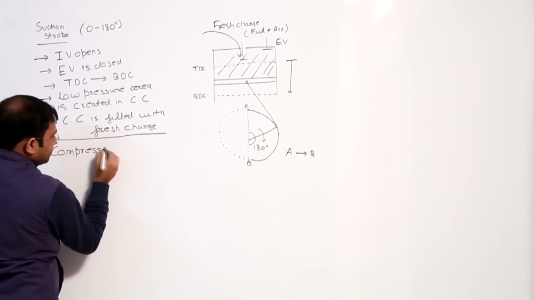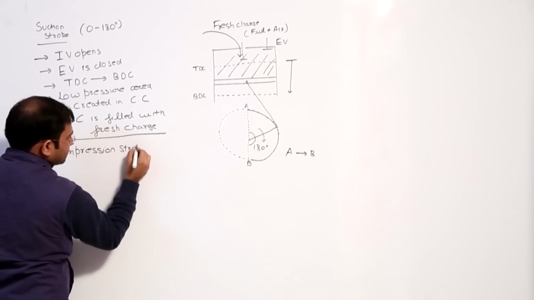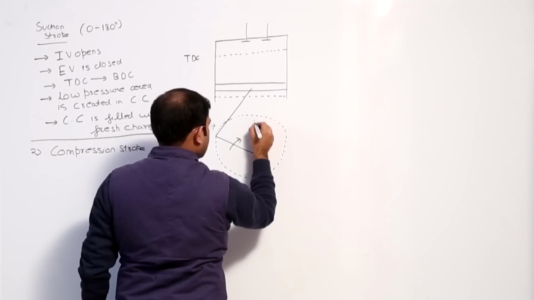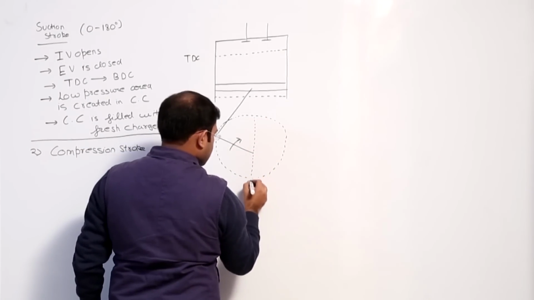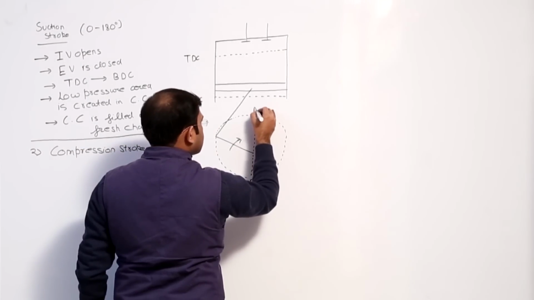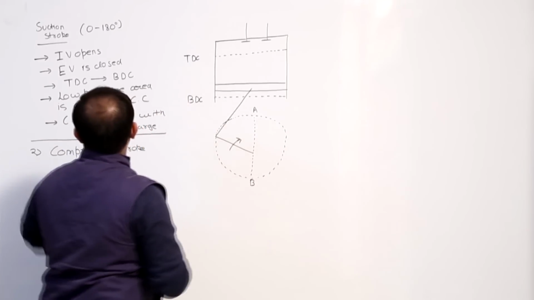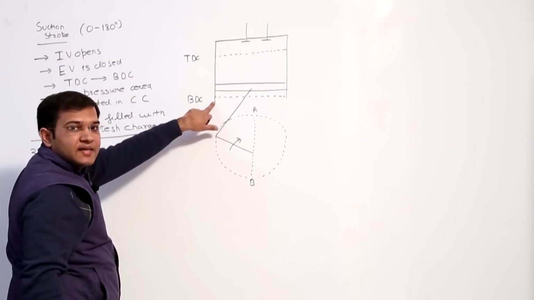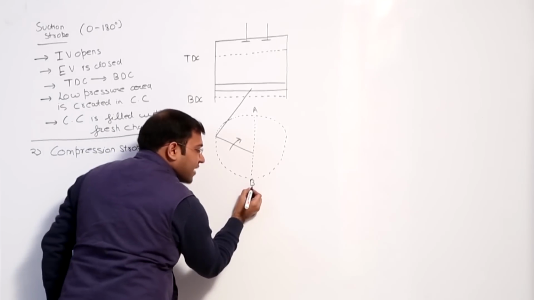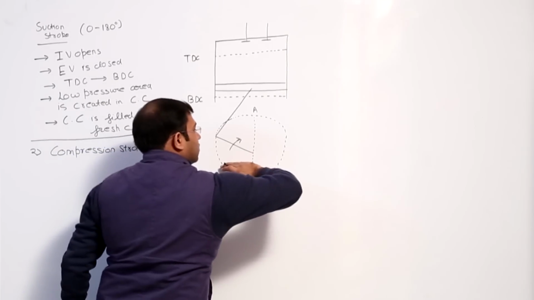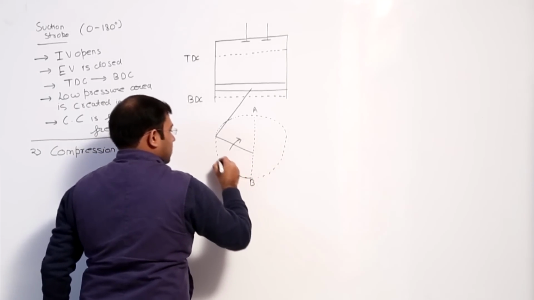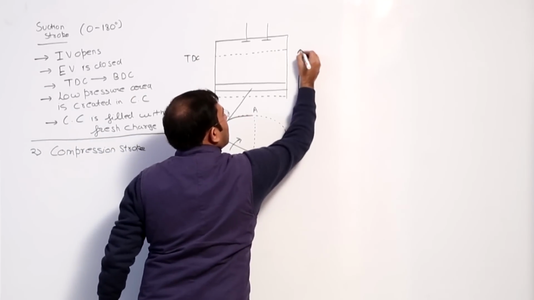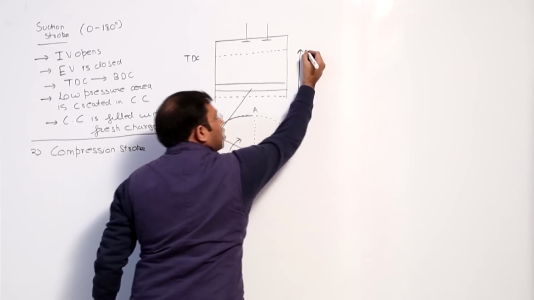Now the second stroke is the compression stroke. Now see what happens in the compression stroke. After suction stroke, the piston is at bottom dead center and the position of the crank is B. Now the crank is rotating from B to A, and that's why the piston is moving from bottom dead center to top dead center.